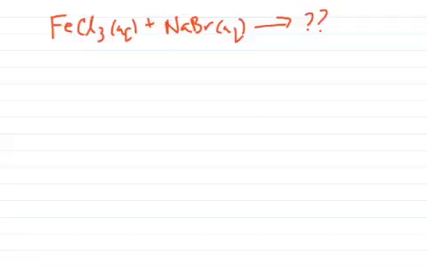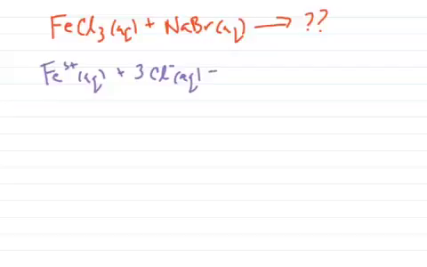Alright, let's do one more example. Alright, so the first thing we want to do is figure out what is what. So I'm just going to break everything up apart. I have Fe3 plus and 3 chlorines. And the reason why I'm doing this is because I really could not identify what was a strong or weak acid or base.